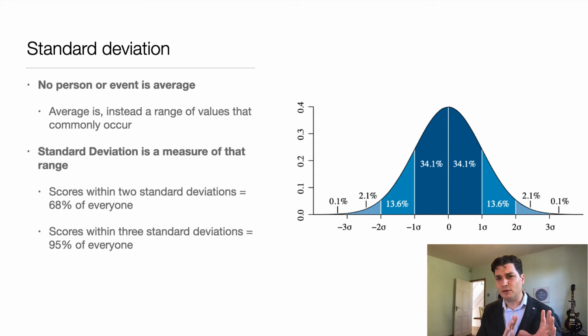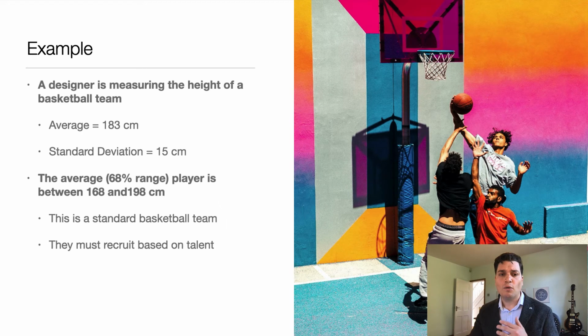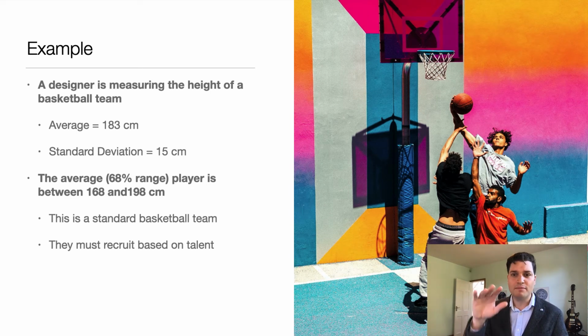Let's take an example to make this a bit clearer. So we've got a basketball team, and a designer measures the height of the team. The average height, total height divided by number of people, that is 183 centimeters.